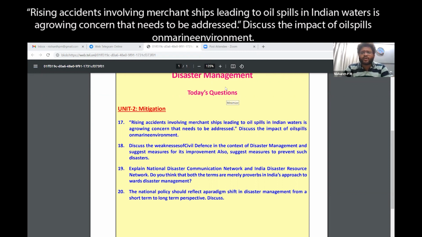How will you prevent collision of ships, Sumant? So this is a man-made disaster, right? Not a natural disaster. Preventive measures are having proper protocols and maintaining proper trade routes, the shipping protocol should be in place. That is the only preventive measure. You cannot say you don't carry oil in the seaways. That is not a preventive solution, right?